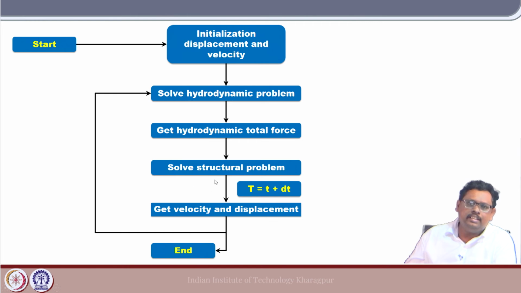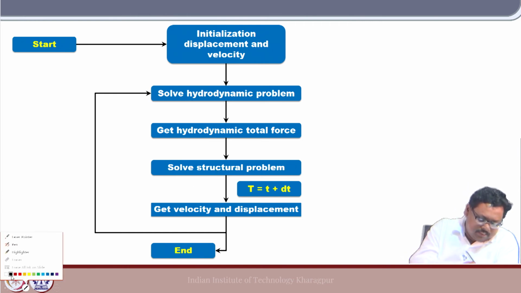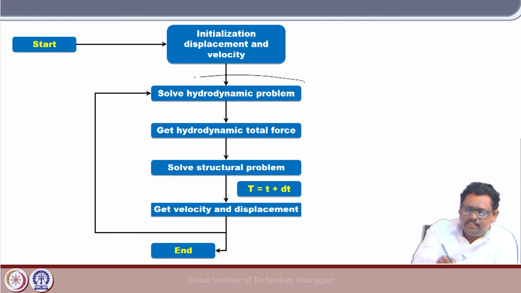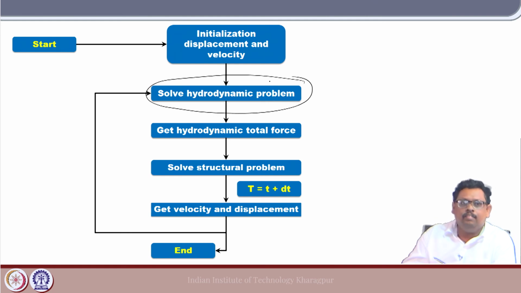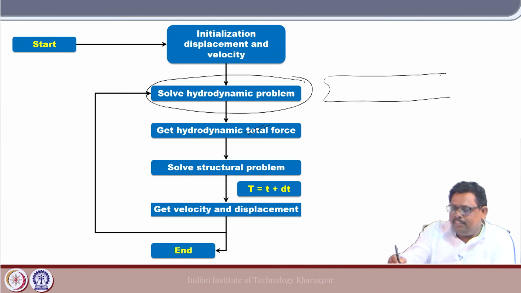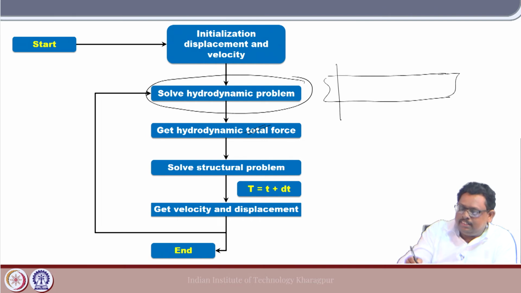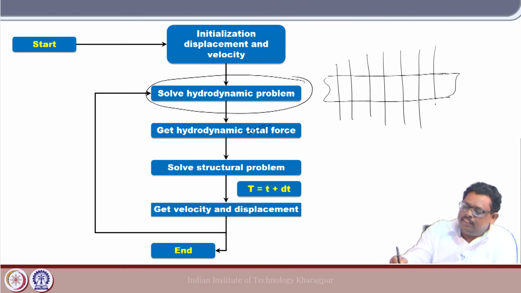So, here you can see that by solving this hydrodynamic problem we get the hydrodynamic, not actually total force, but the total sectional force. Now, I am not considering the rigid body, I am considering the body is flexible. So, I understand that at each section the velocity and the displacement are changing, right.